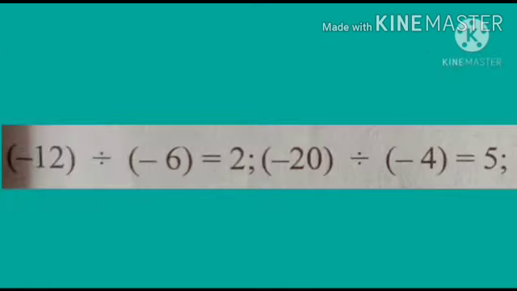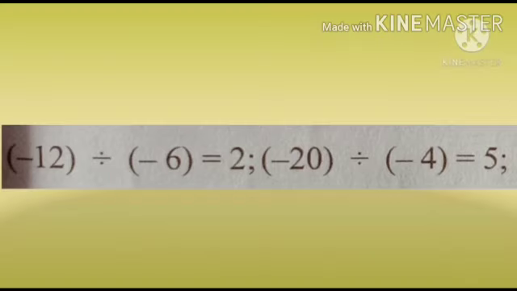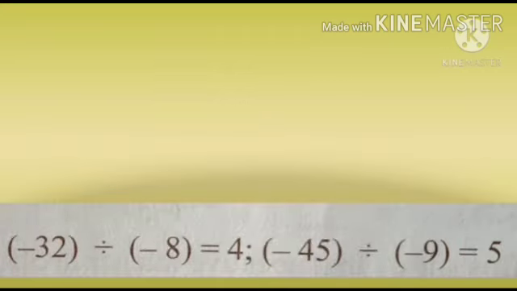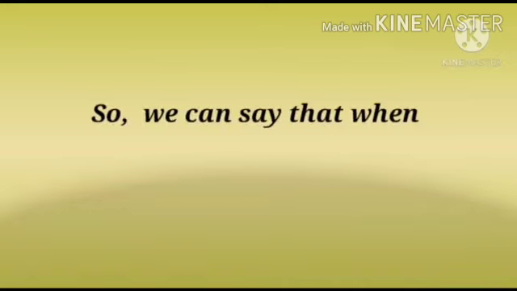Now let us divide further. Minus 12 divided by minus 6 gives us 2. Minus 20 divided by minus 4 gives us 5. Minus 32 divided by minus 8 gives us 4. Minus 45 divided by minus 9 gives us 5.